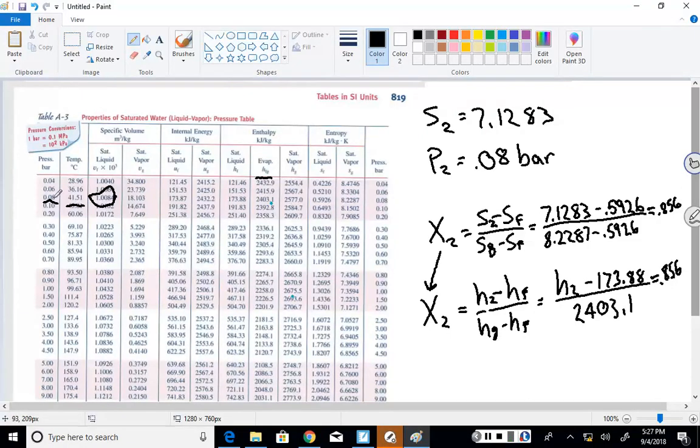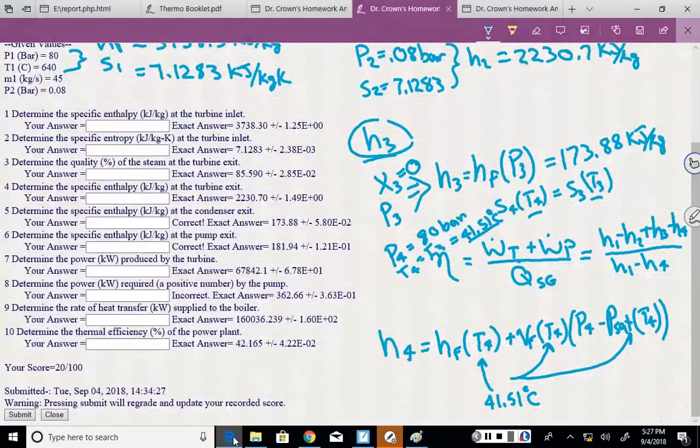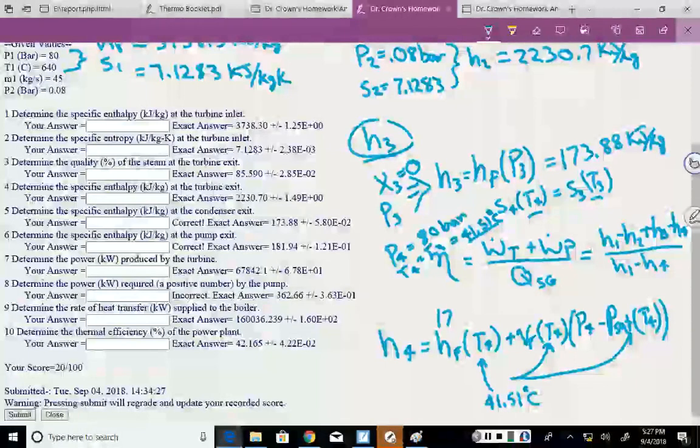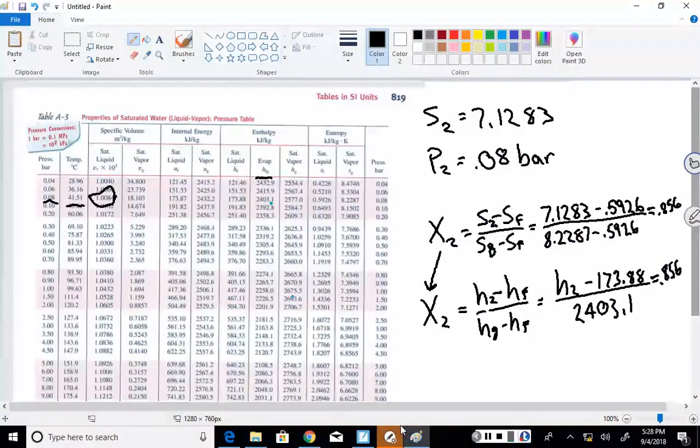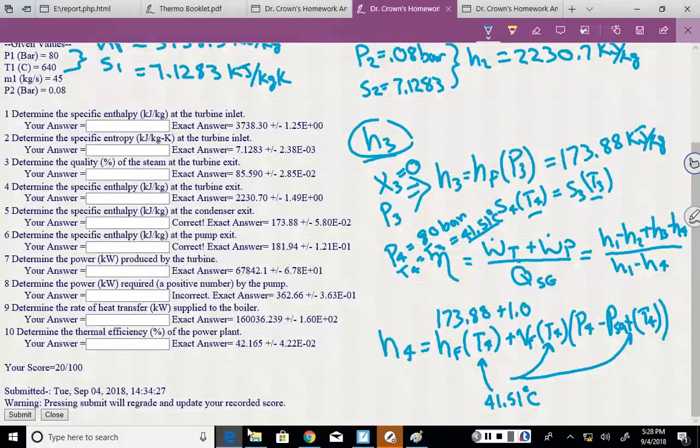Right, so let's go back and write those if I can remember some of those values. So hf is 173.88 plus vf is 1.0084 times 10 to the minus 3 times our pressure.